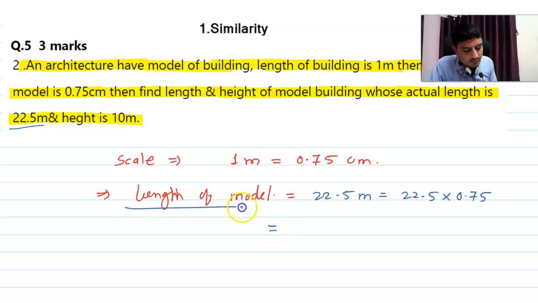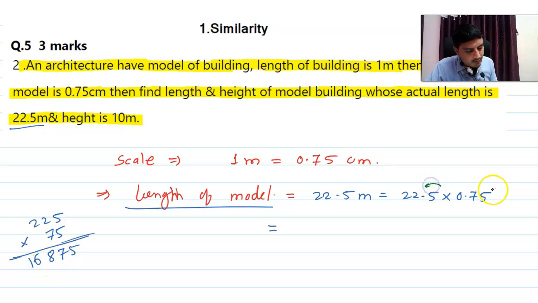So the length of the model we are getting 22.5 into 0.75. Forget the decimal at start, we have the numbers 225 and 75. Try to multiply them. 225 into 75, we get 16,875.